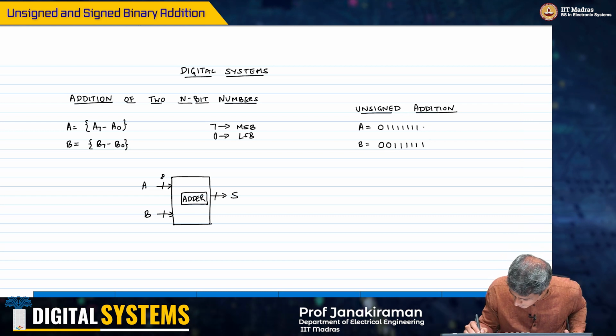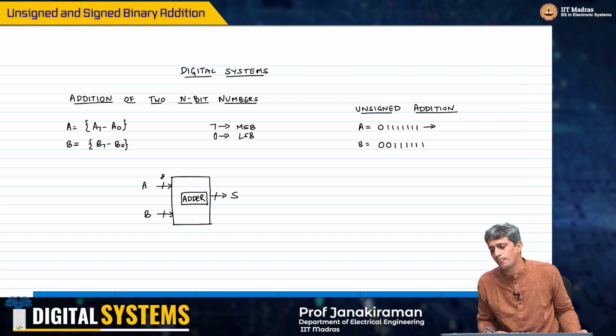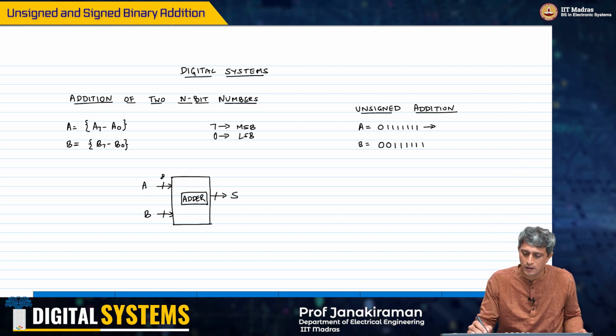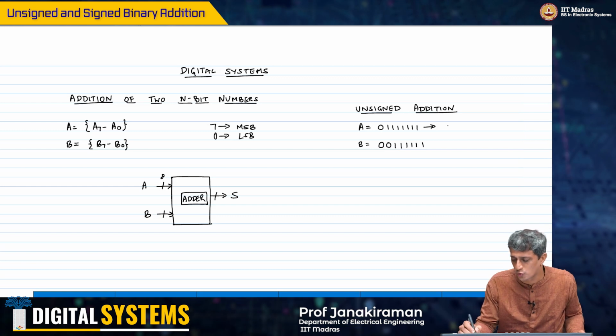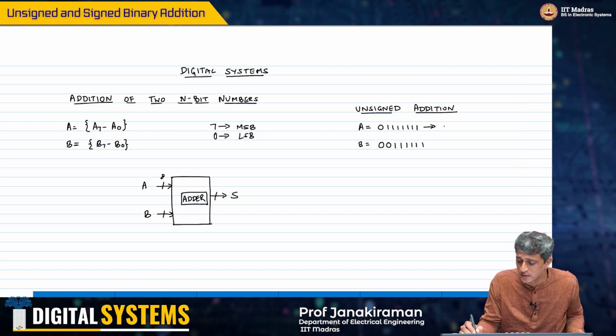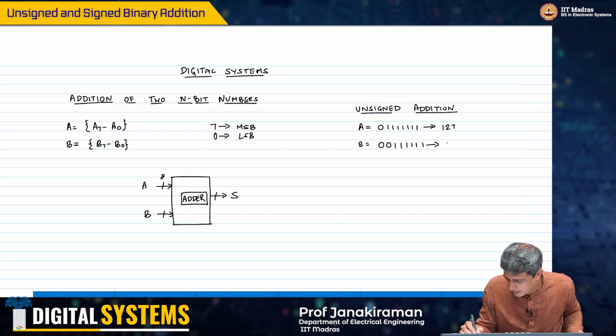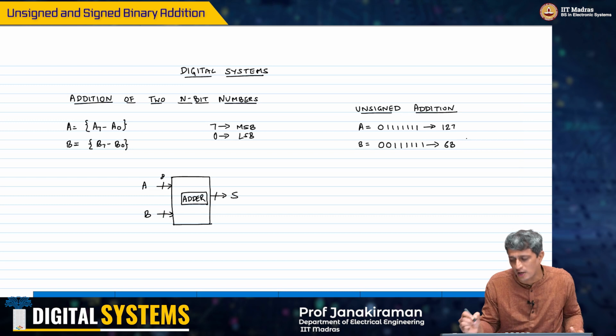If you look at this number here, this is 2 power 7 minus 1, which means this is 127, and the other one is 64 minus 1, so it is 63.